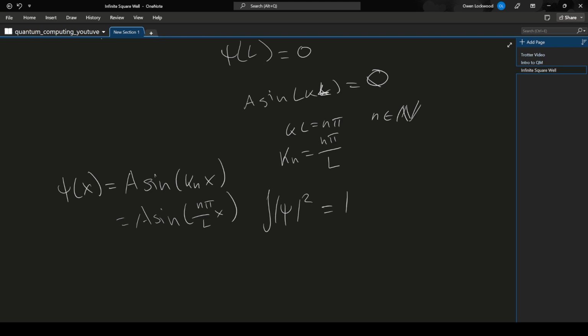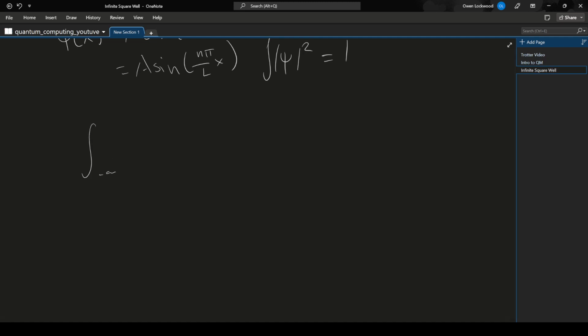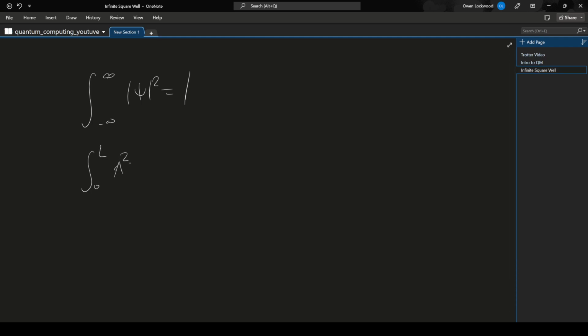So what we need to do now is normalize this to get our final solution. And the way, remember, we did a normalization example, is by simply saying from negative infinity to infinity, we need this wave function to be equal to 1. But let's notice something: outside of 0 to L, it's 0. So we can restrict this down and say, okay, we have a squared, because I guess a could be complex.